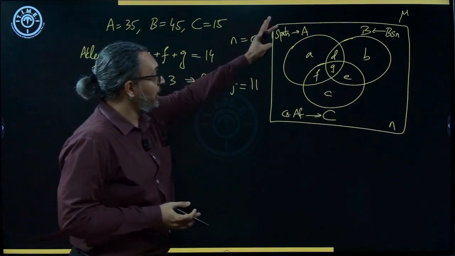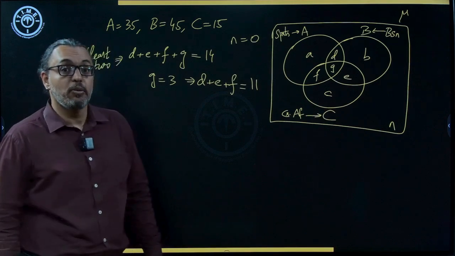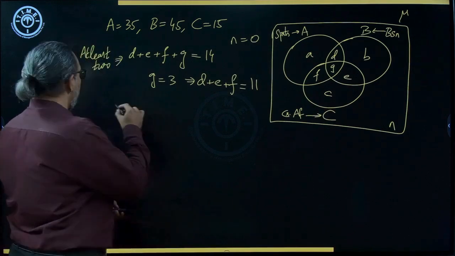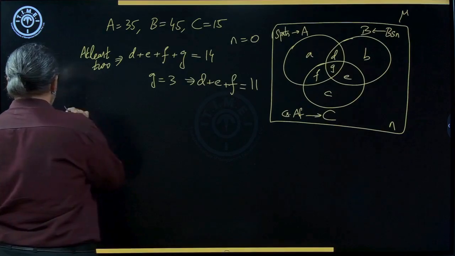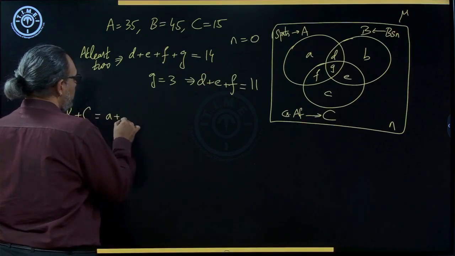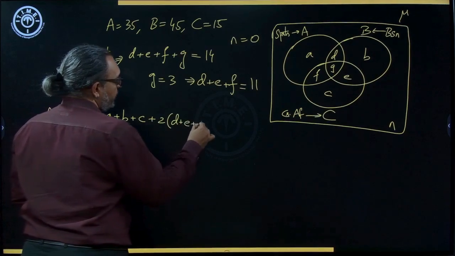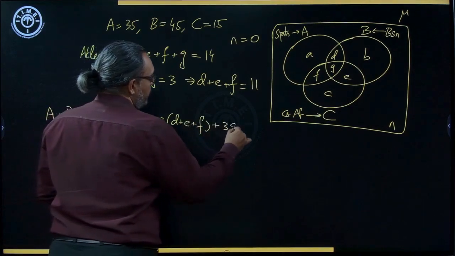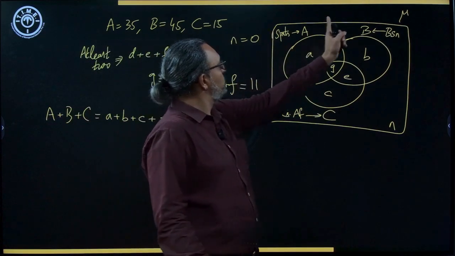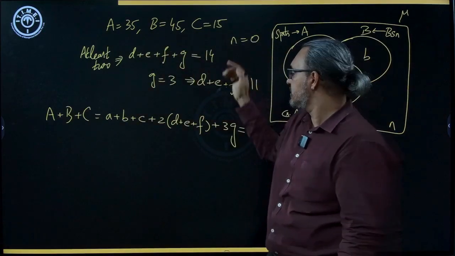But since capital A, B, C are given to me, I can find out small a plus small b plus small c. Very similar to the earlier set, we again take A plus B plus C, which is 1 time of a, b, c plus 2 times of D, E, F plus 3 times of G. So we know this total. Sports, business, current affairs. We have the total 35, 45, 80 plus 15.